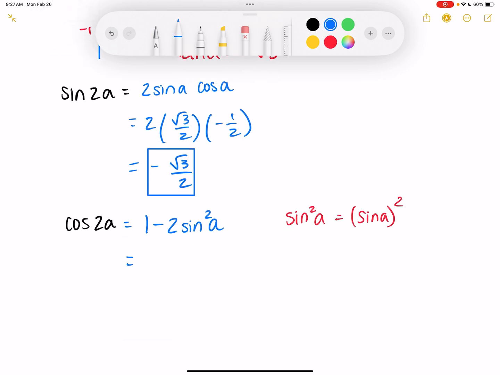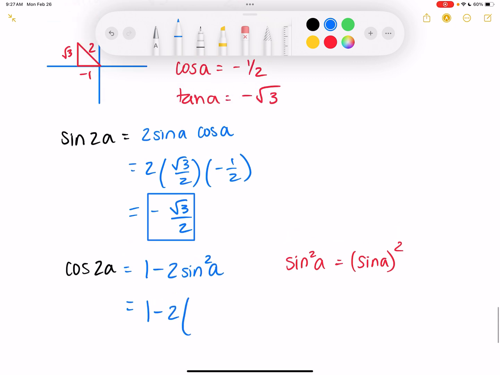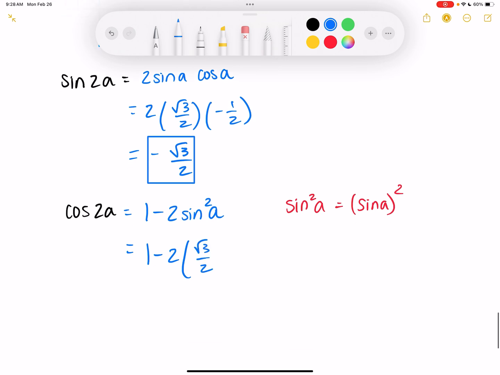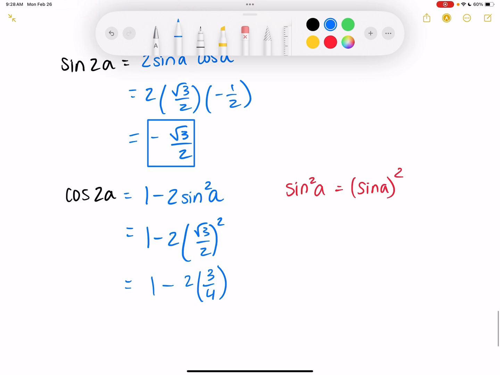So 1 minus 2 times sine of A, which is root 3 over 2, so root 3 over 2 squared. That's going to be 1 minus 2 times 3 over 4. The 2 and the 4 reduce.